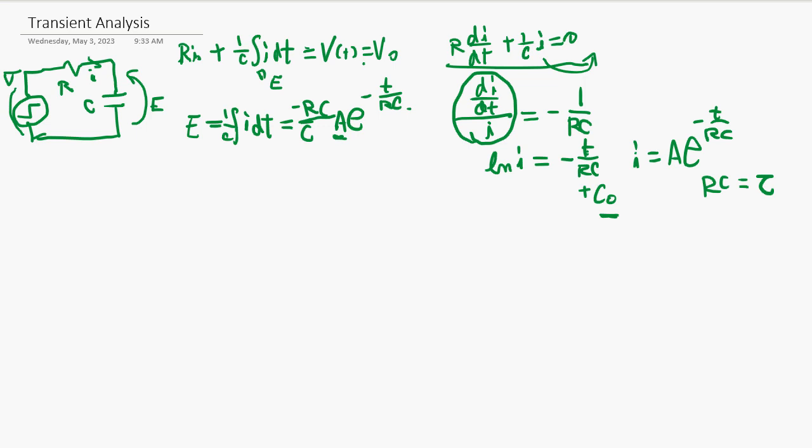When you apply the voltage initially, we should determine this initial condition.